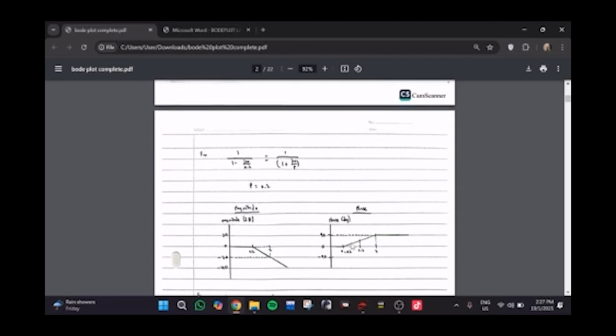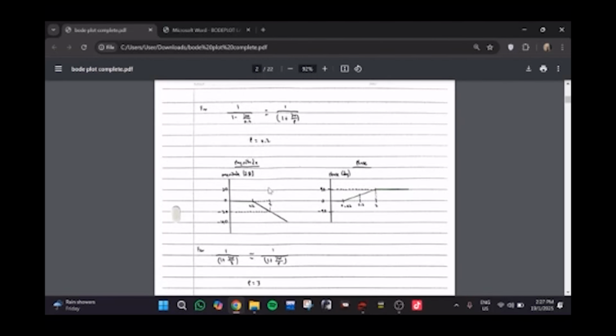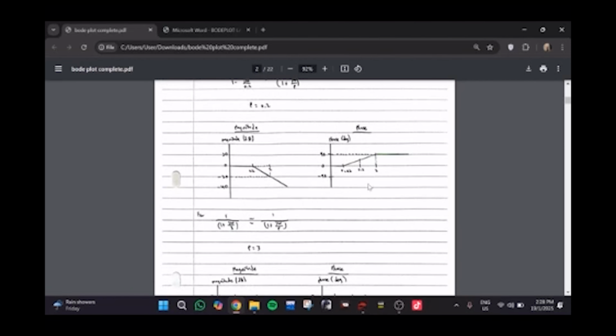So the second one, P equal 0.2. For the magnitude, we can see it drops to negative 40, and for the phase, 0.02, here we can see it goes up.